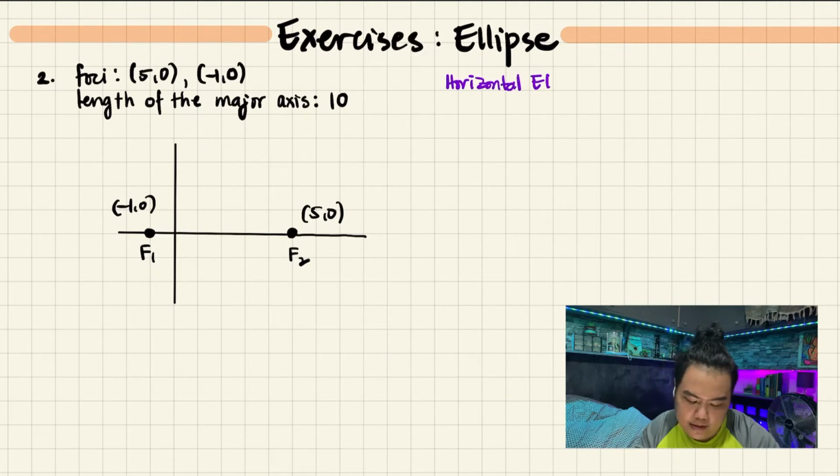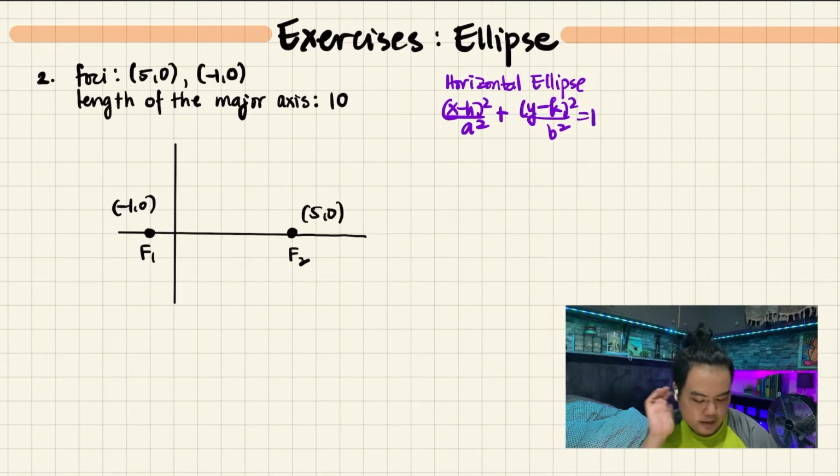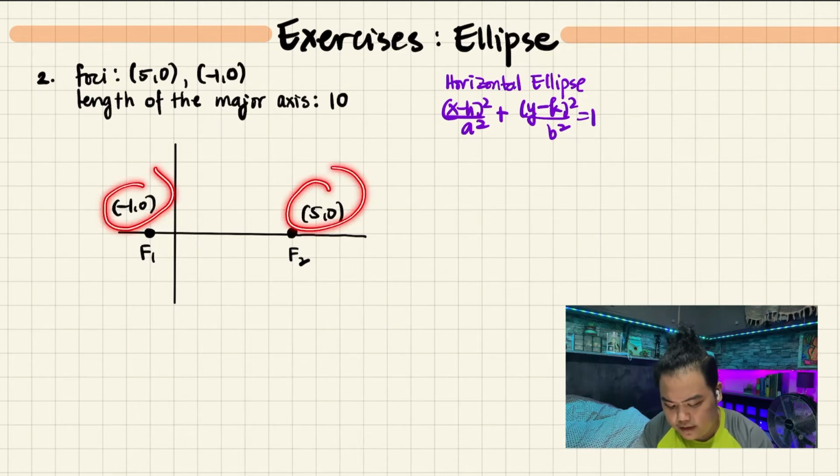Okay, so this is a horizontal ellipse. So you get x minus h square over a square plus y minus k square over b square equal to 1. And the next step, find the center. Yung center nasa gitna ng foci. Anong gitna nito? So andito lang din yun, no?